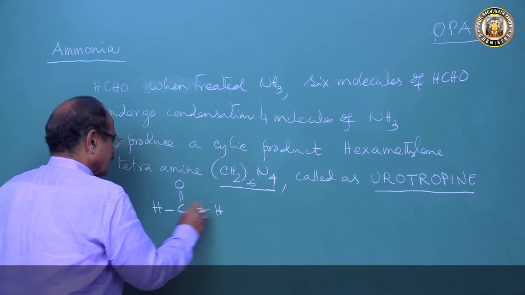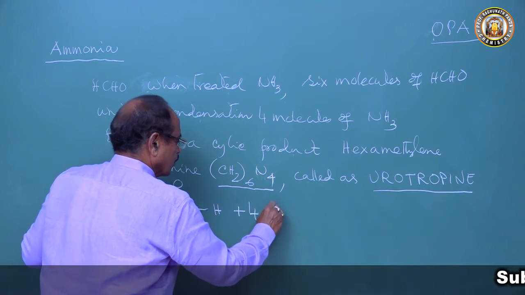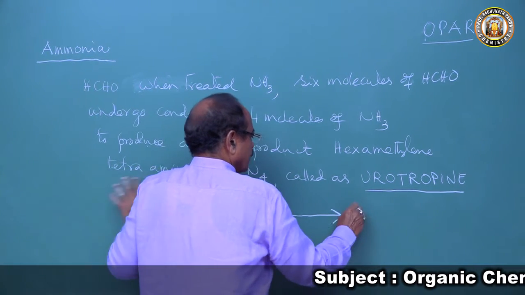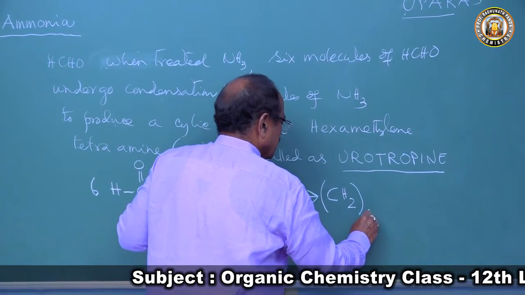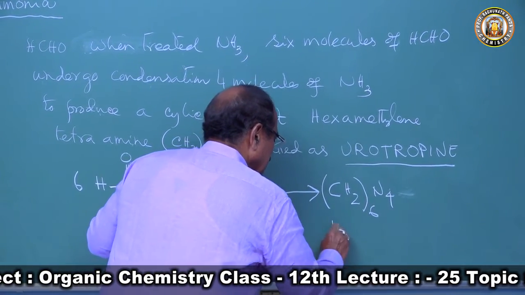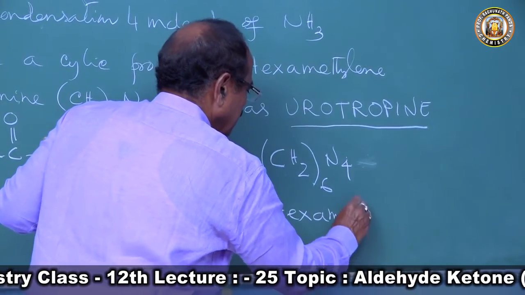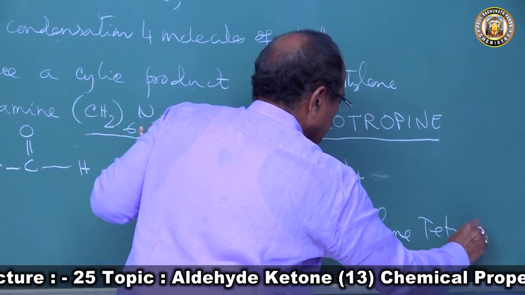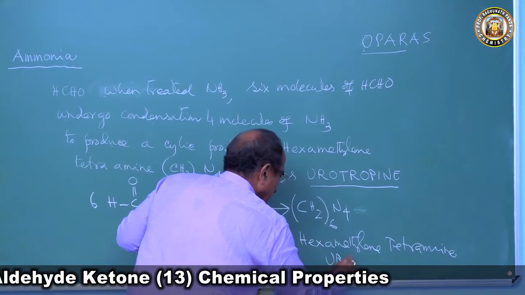You take formaldehyde HCHO, then 6 molecules of formaldehyde will react with 4 molecules of ammonia to produce hexamethylene tetraamine (CH2)6N4. These 6 methylene molecules are there, so hexamethylene tetraamine. This is called as erotropin.